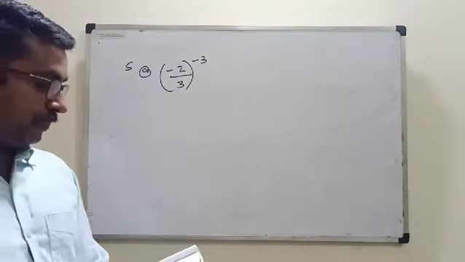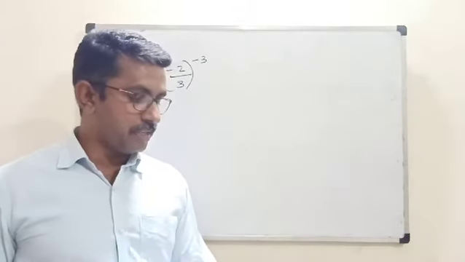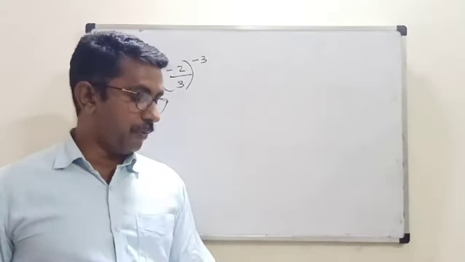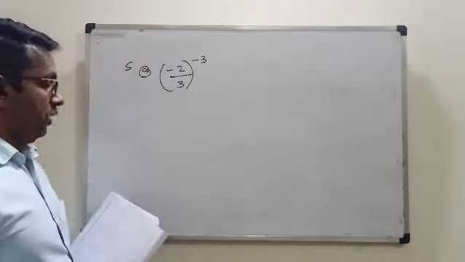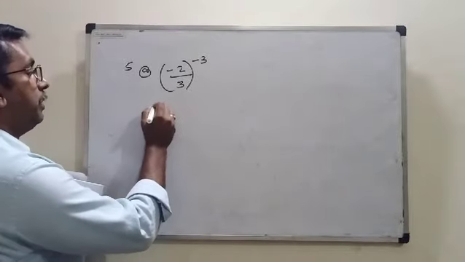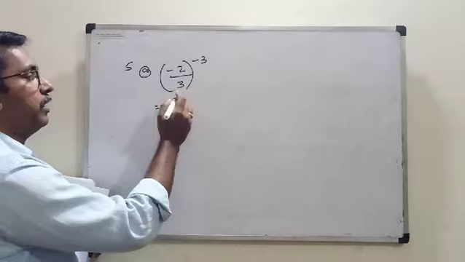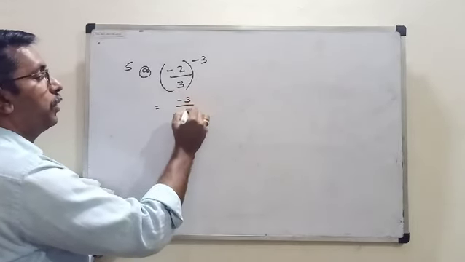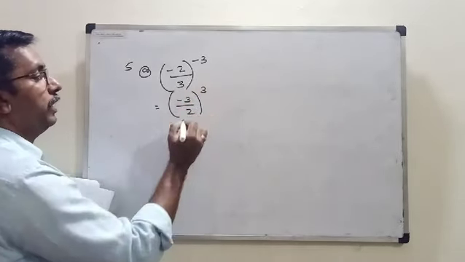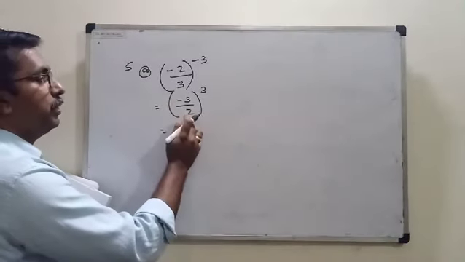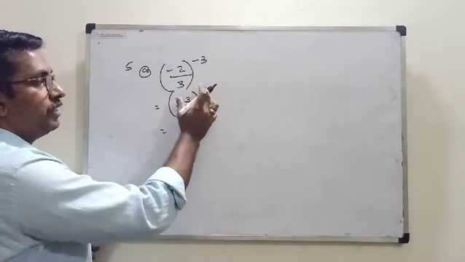You have to simplify and express as a rational number in its lowest form. Look at this one. This is a negative exponent. It can be written as a positive exponent. Minus 3 upon 2 to the power 3. Isn't it? So minus 3 by 2. It is an exponential form.